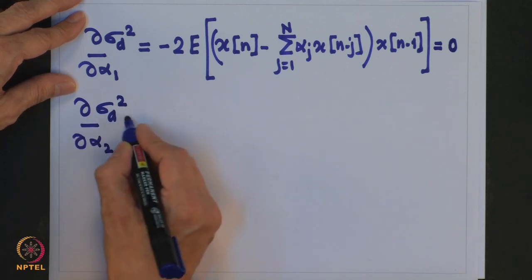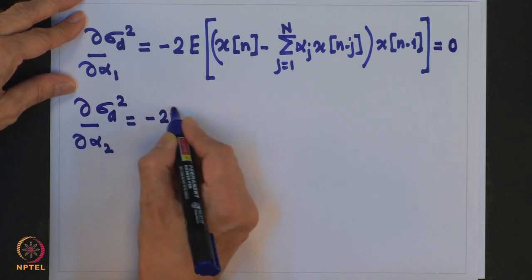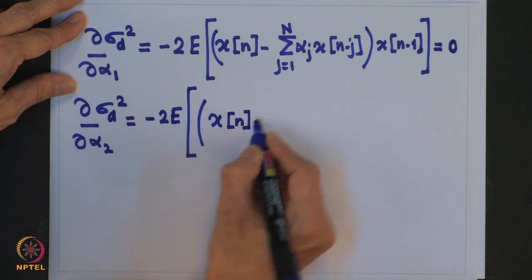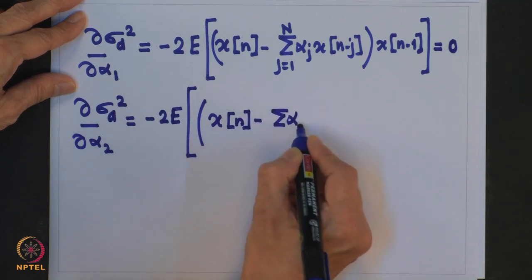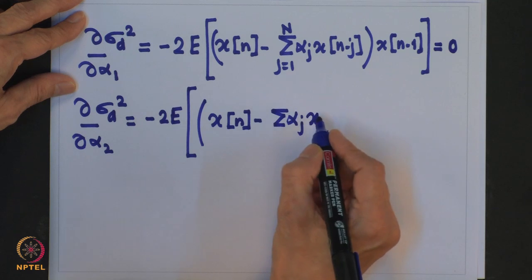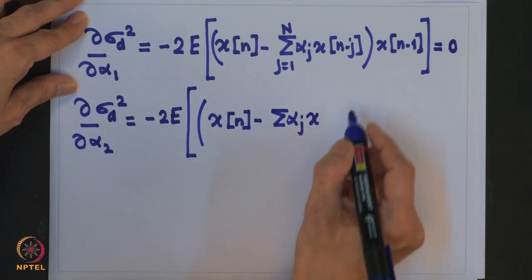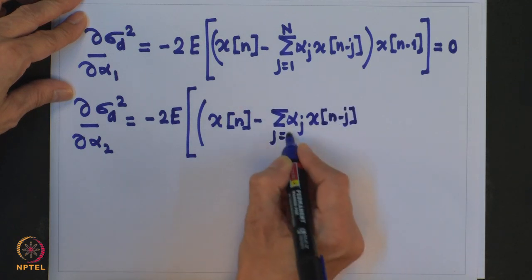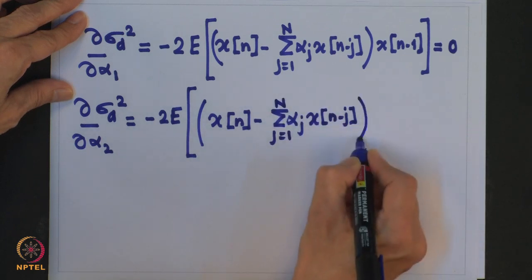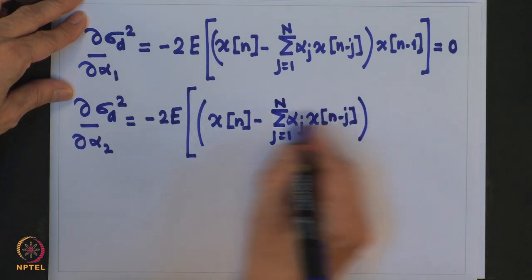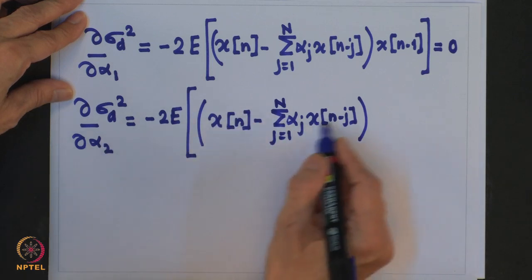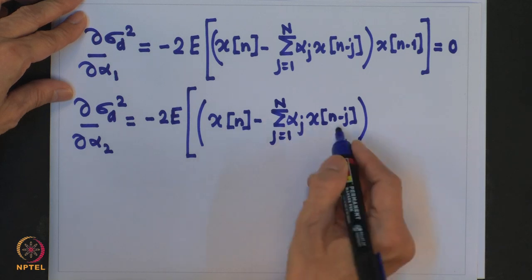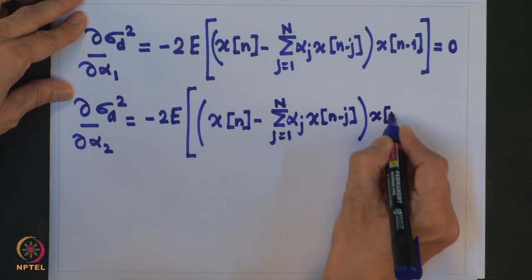Taking differentiation with respect to alpha 2 would give you, and then we have to take the differentiation of this with alpha 2 will be 0. Here all the terms will vanish except the one corresponding to alpha 2, and from there you will get only this term left out.